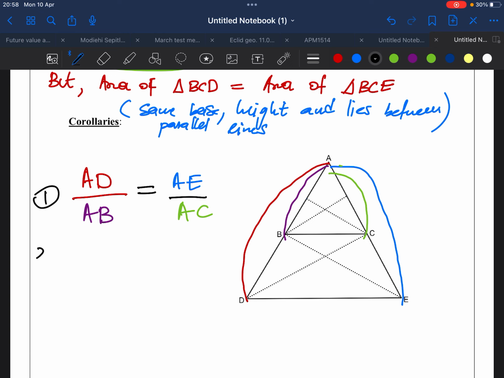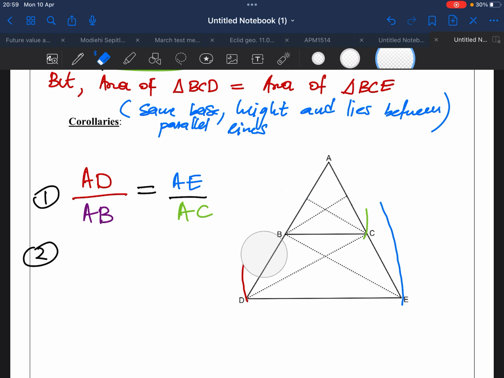So let us check number 2. I will just rub this off. Let us use the purple one.